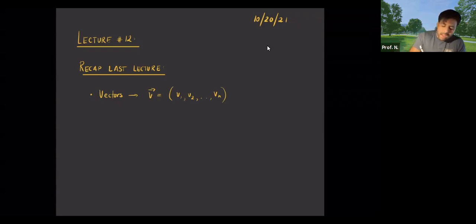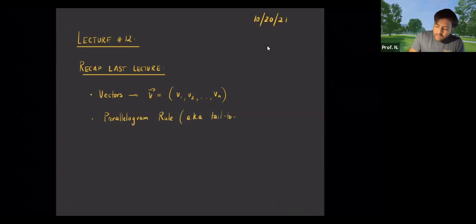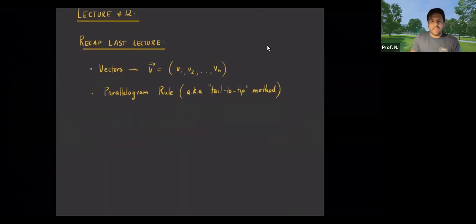And we talked about how to add them and subtract them using the parallelogram rule, also known as the tail to tip method of adding and subtracting vectors.